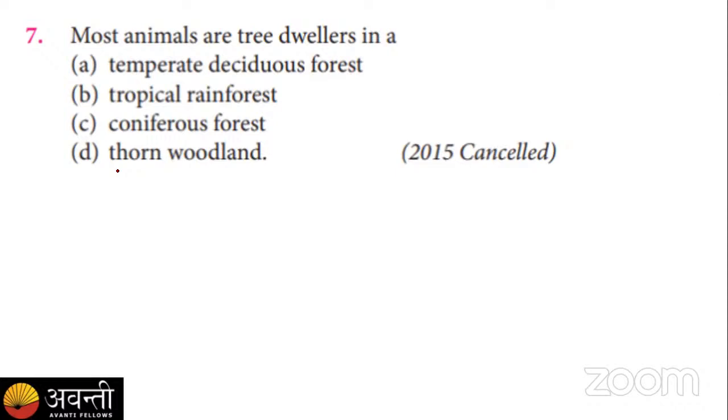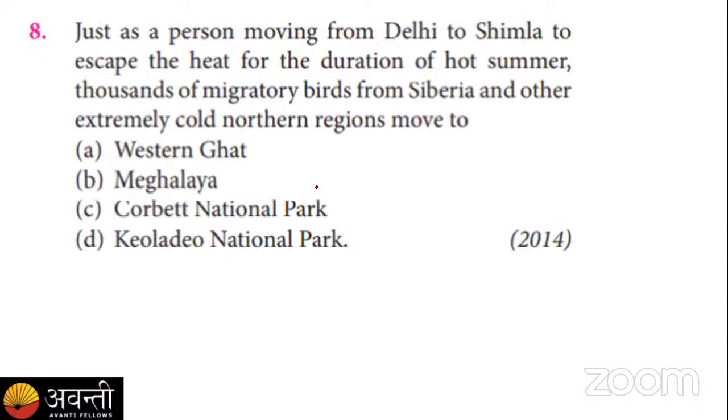The next question here is, just as a person moving from Delhi to Shimla, right? For example, you are moving from Delhi to Shimla to escape the heat of the hot summer. We are moving to Shimla because we are feeling that it is getting very warm, so we have to shift towards a cooler place. That means we are doing migration.